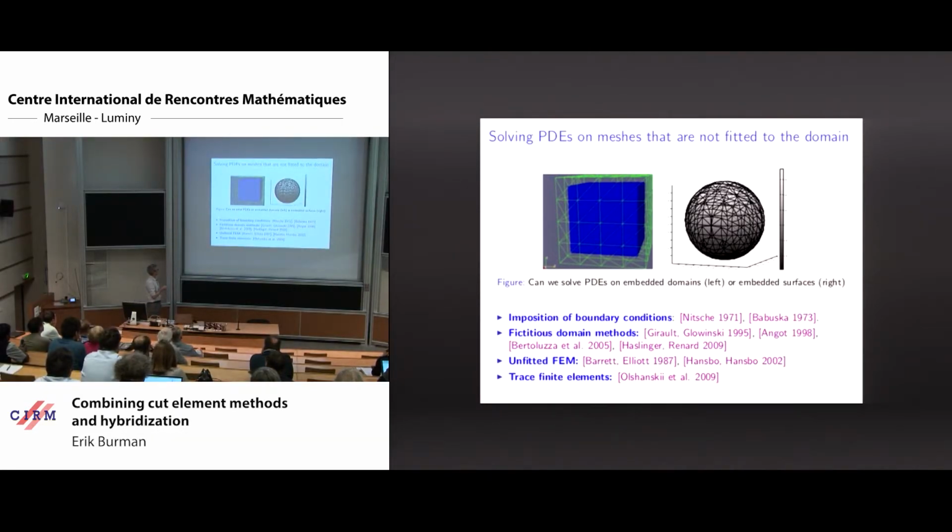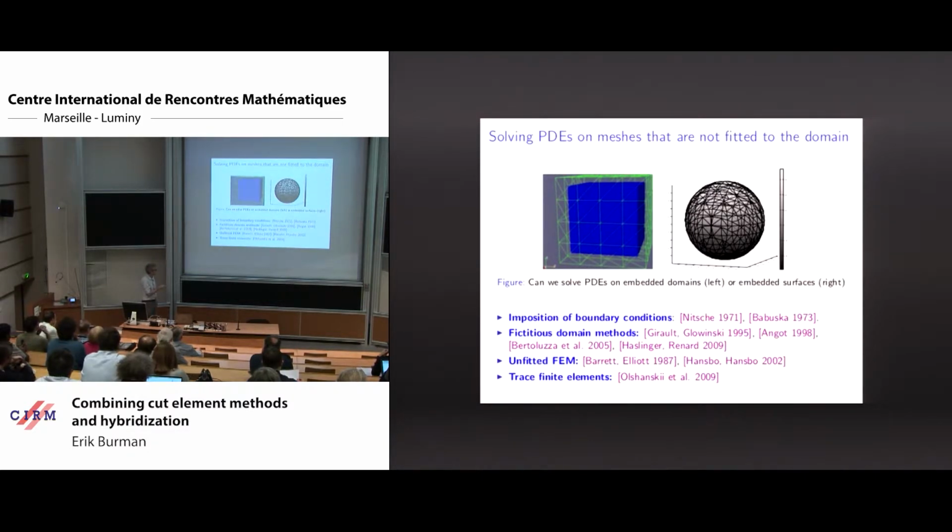And so this is, of course, an old problem following work by Nitsche, 71, and then Babuska. There is a very large literature on fictitious domain methods, and so to cite some, we have Girault, Glowinski, Angot, Bertoluzza, and co-workers, and Haslinger, Renard.